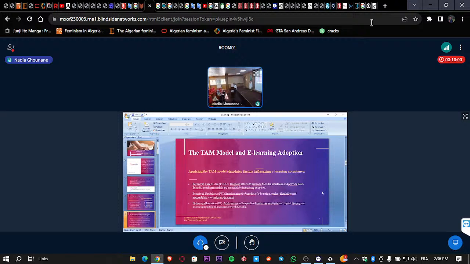objectives. So when it comes to the TAM model, which was developed by Davis, it has three integral parts: the perceived ease of use of technology, the perceived usefulness, and the behavioral intention.